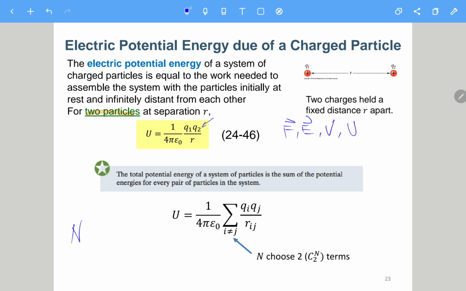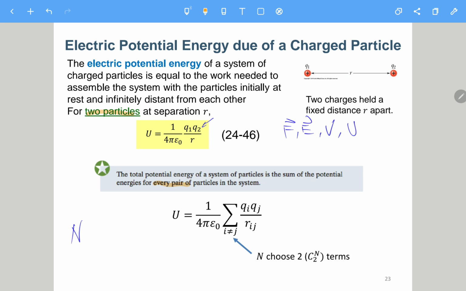Two of them have Q1, Q2 in the numerator, 2 of them have Q in the numerator, 2 of them have R squared in the denominator, and 2 of them have R in the denominator. Later on I have a page that summarizes them. So this is the case for a two-particle system, and if we have multiple particles, then we need to consider that the total potential energy of a system of particles is the sum of the potential energy for every pair.